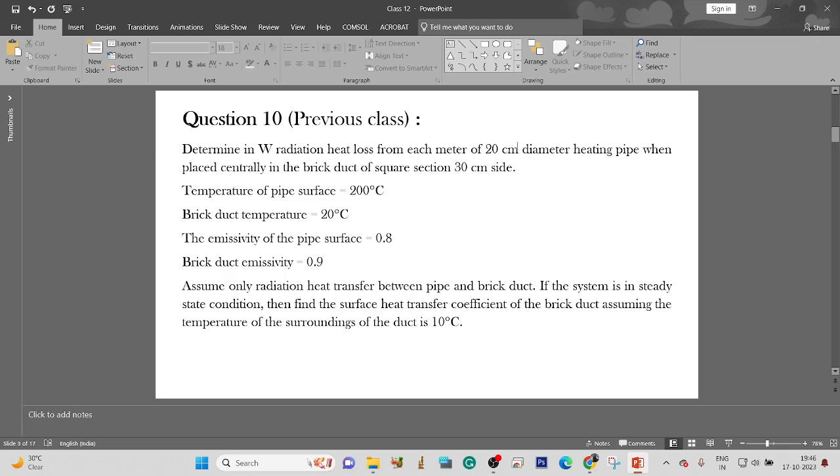We have to find the radiation heat loss in W per meter, right?